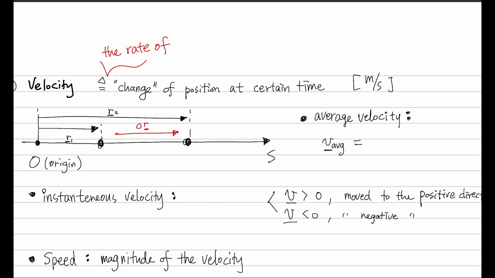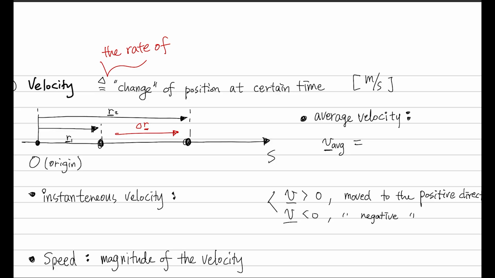And what we're talking about is the rate of this change. So how fast that happened. So it moved from here to there, but it took like 1 hour to do this thing, or it took only a minute to do this thing, things like that. That's your velocity, isn't it?